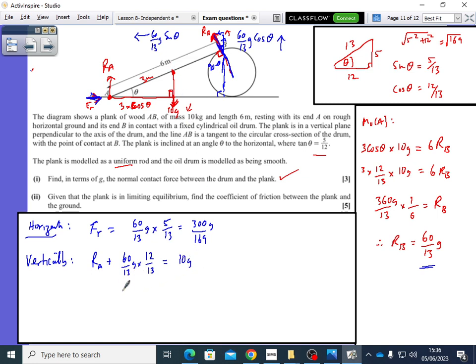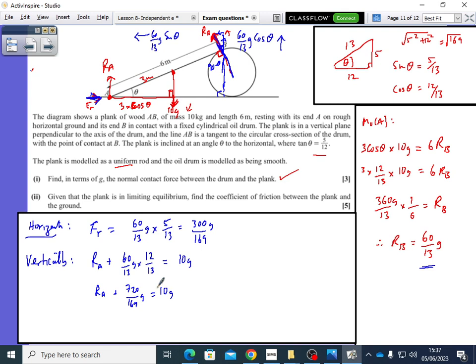Now if you multiply that and rearrange it, 60 over 13 multiplied by 12 over 13, you'll get RA plus 720 over 169 g equals 10g.